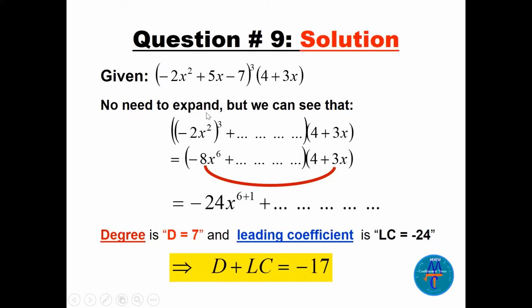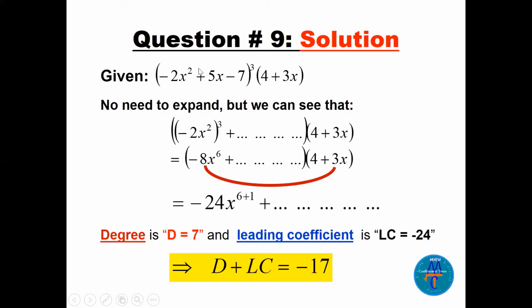Please listen carefully, no need to expand. It will take forever. But we can see here, minus 2x squared. That's the highest power. You see that? And there is 5x, less power, there is 7.